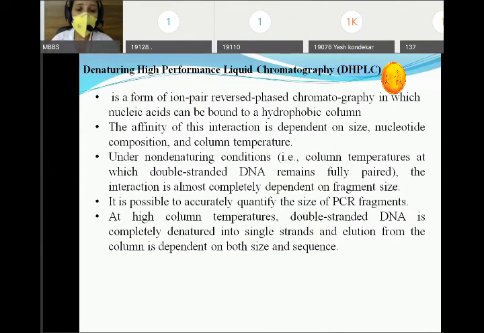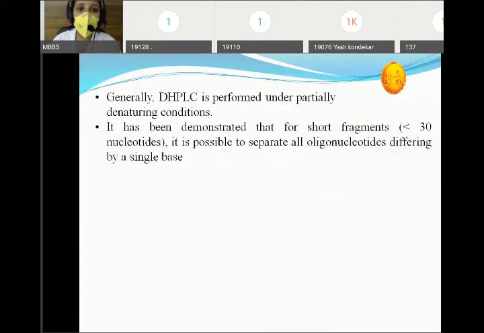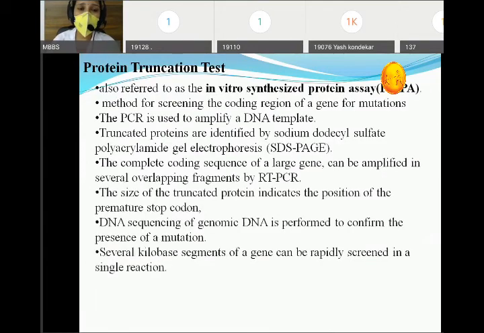It is possible to accurately quantify the size of PCR fragments. At high column temperatures, double-stranded DNA is completely denatured into single strands, and the elution from the column is dependent on both size and sequence. It is generally performed under partially denatured conditions. It has been demonstrated that for short fragments, it is possible to separate all nucleotides differing by a single base.